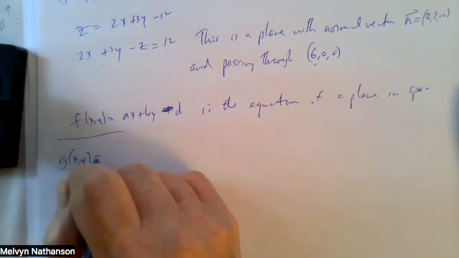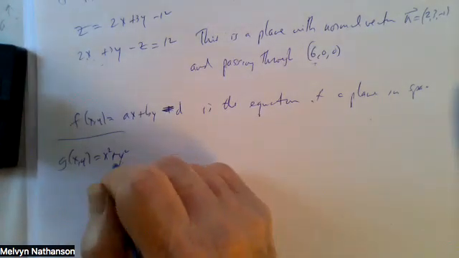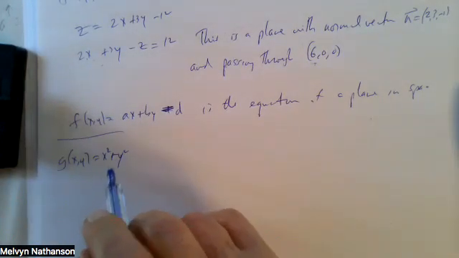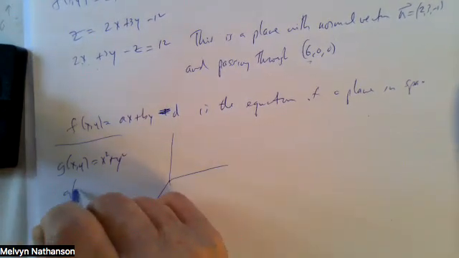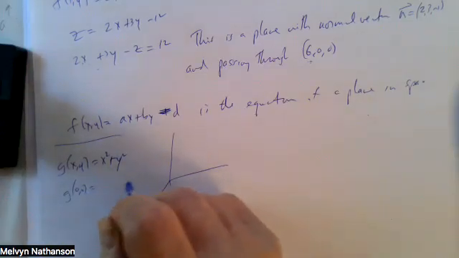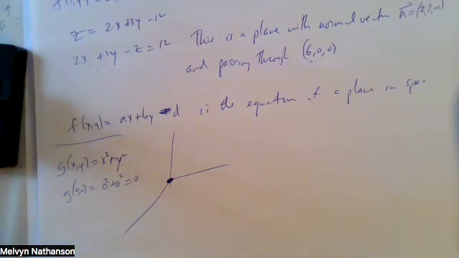Suppose you have g of xy equals x squared plus y squared. So what does the graph of that look like? So g of 0, 0 is 0 squared plus 0 squared, which is 0. So the origin of the three-dimensional space lies on this.